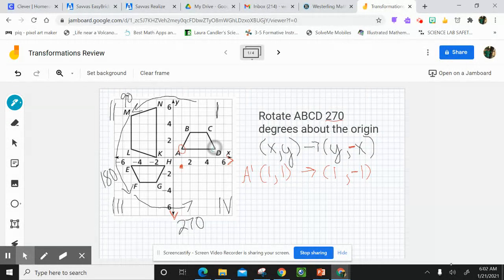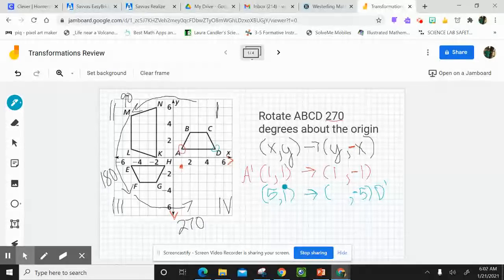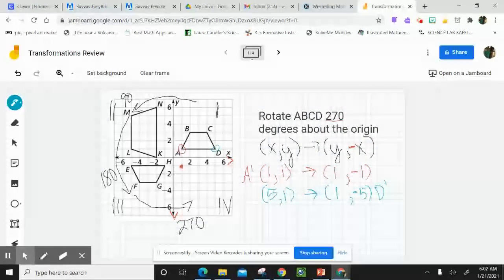Now let's look at point D. D starts at (5, 1). So for our D prime, that 5, I'm going to move to my y coordinate, and it becomes its opposite. And it's the 1.